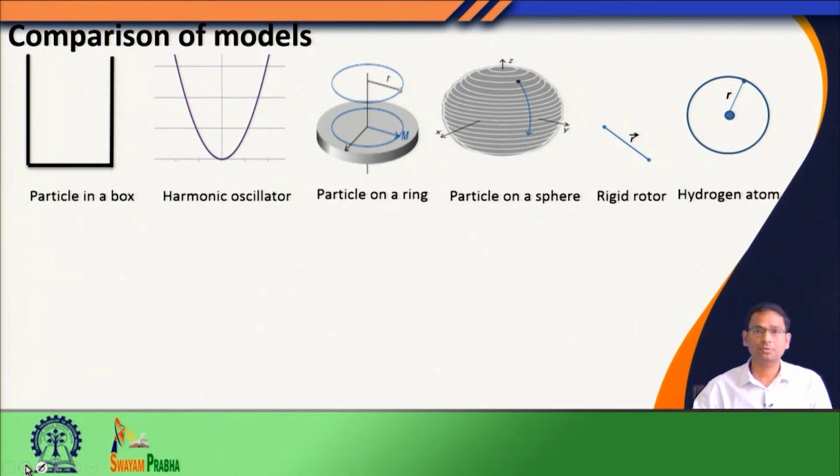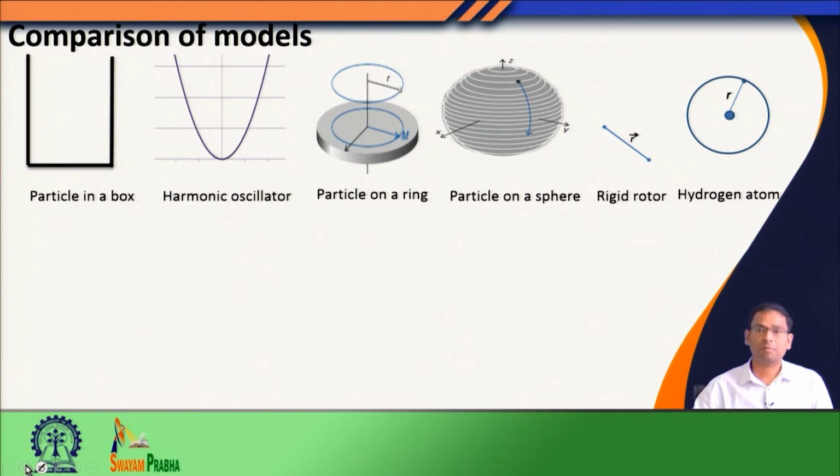Just to remind you, we have discussed quite a few quantum mechanical models and we solved them exactly. The first problem that we took up was the particle in a box. Here we defined a particle with certain mass which was restricted to a particular region of space.